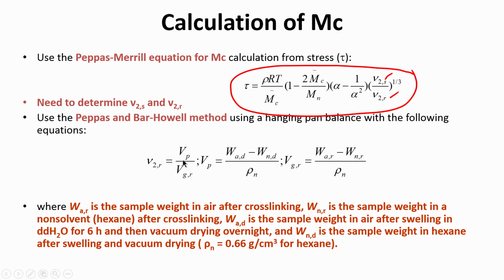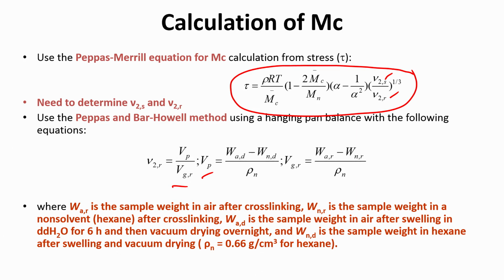V2r is nothing but the weight of the polymer divided by the weight of this term, and similarly Vp, the volume of the polymer, is nothing but how much water you have added divided by the density.